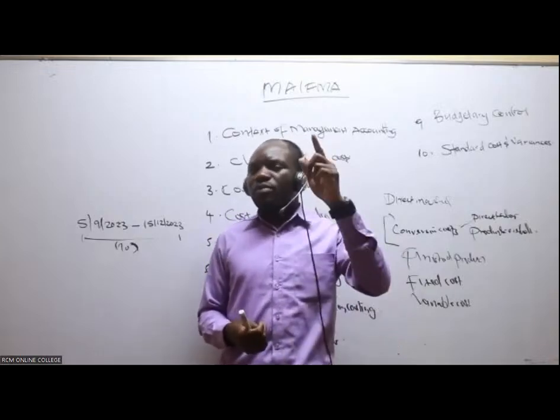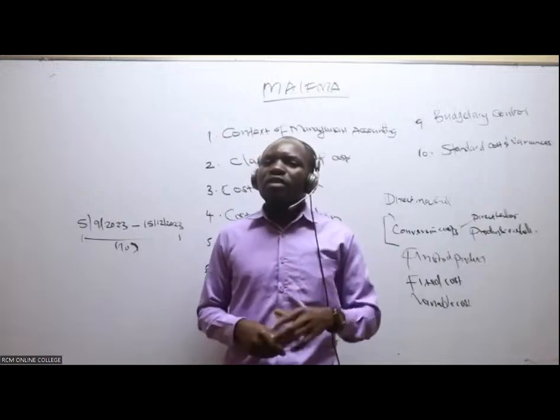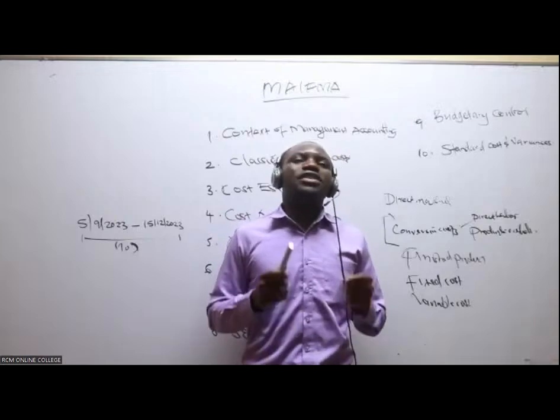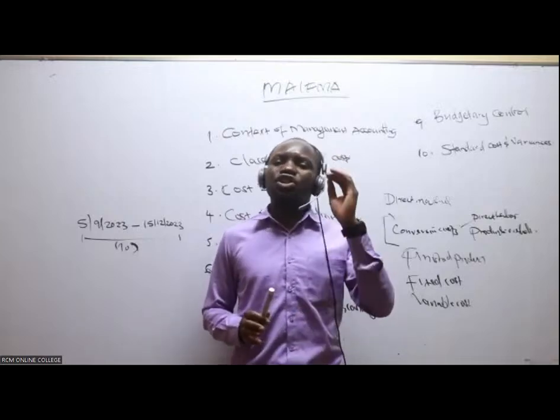So if you're going to come up with what we call a cash budget, this cash budget will not include anything that is not cash, unless it is changing to money.